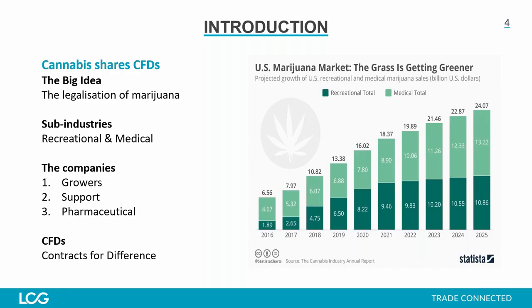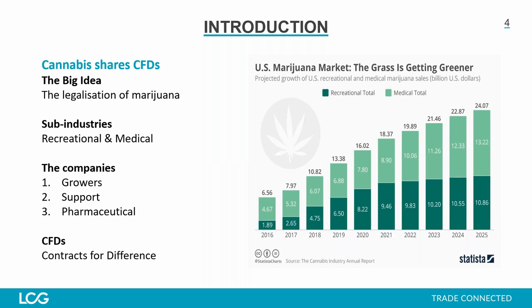And then I think most of you are probably aware, particularly the LCG traders, that CFDs are contracts for difference. When you're trading CFDs, the key thing to know is that you're not trading the actual shares.